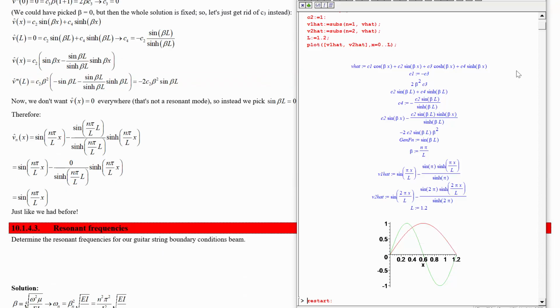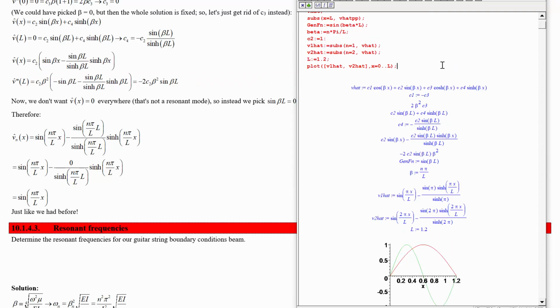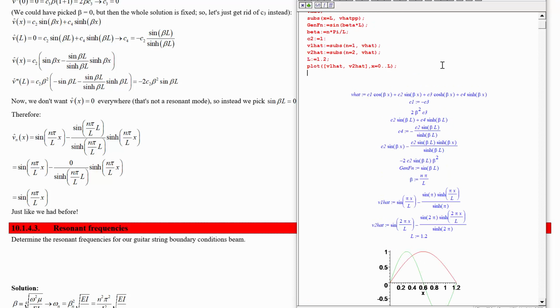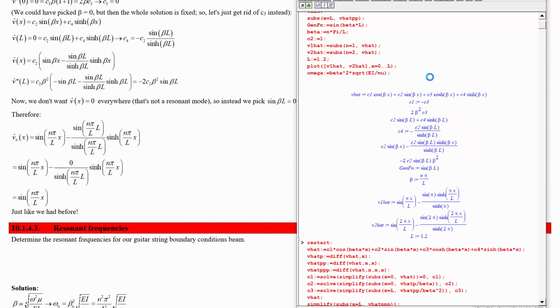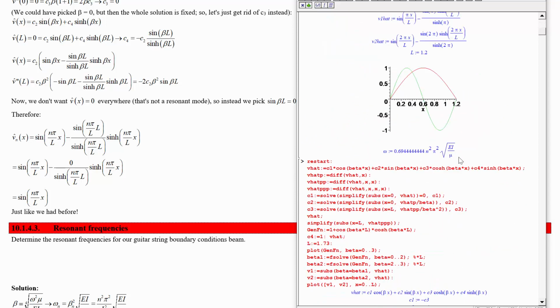What about the frequency? The frequency that we're going to have for this thing is omega is equal to, as before, beta squared times the square root of EI over mu. And we get that the frequencies go like n squared.